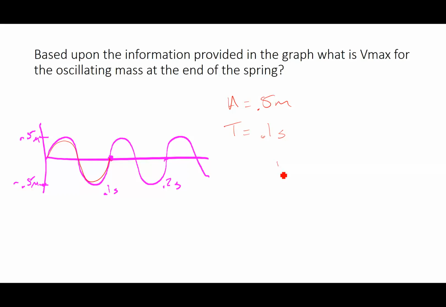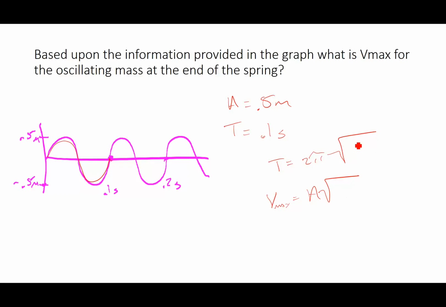So I'm going to say T is equal to 2 pi times the square root of M over K. And I also know that Vmax is equal to A times the square root of K over M. Pretty sure those are flipped.